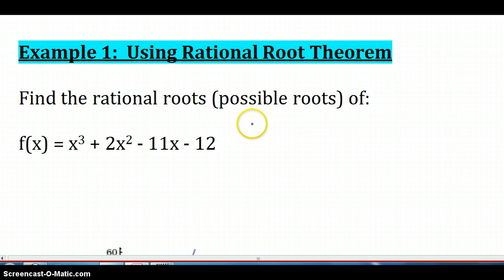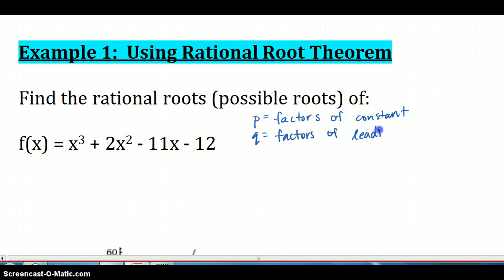And p is the factors of the constant term, just to remind you. And q is the factors of the leading coefficient. So we're going to find p over q. So first list all the factors of our constant. We have 12 there, and negative 12.